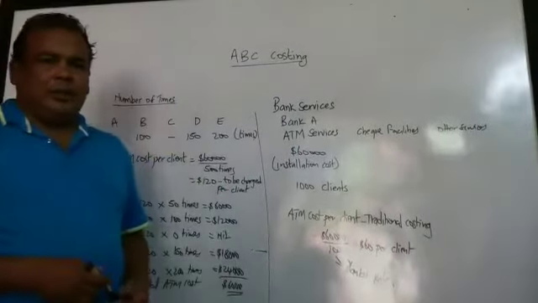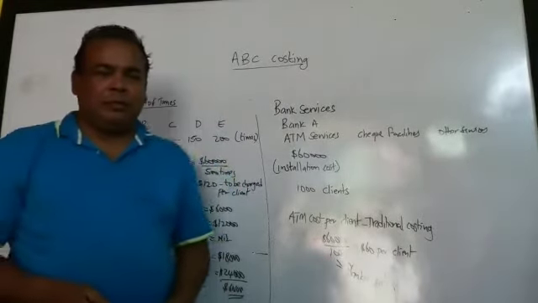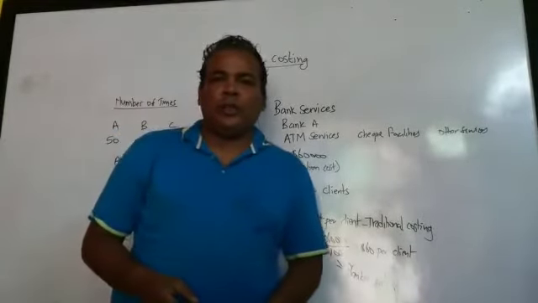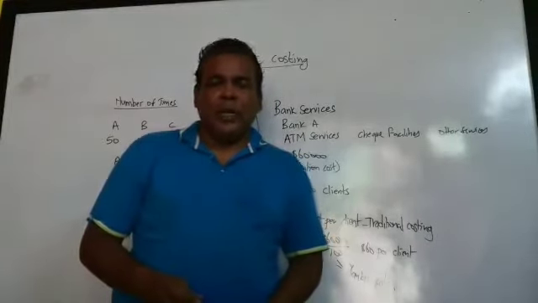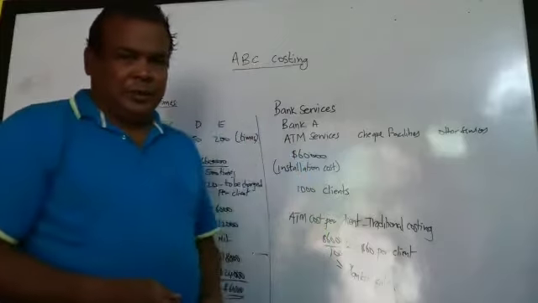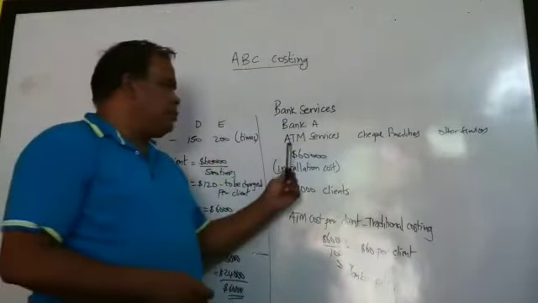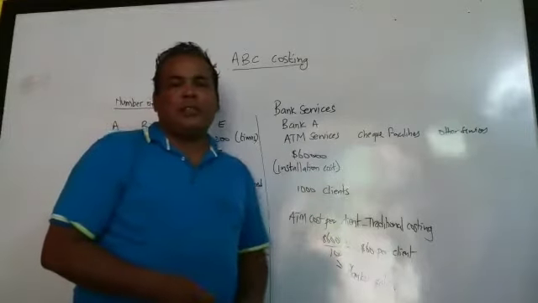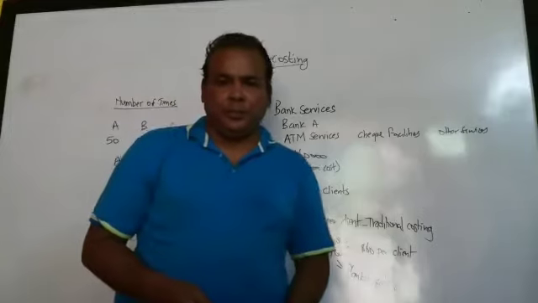In this example, we are going to see how the banking system makes use of activity-based costing. A bank provides services like ATM services, check facilities, standing order facilities, and other services.